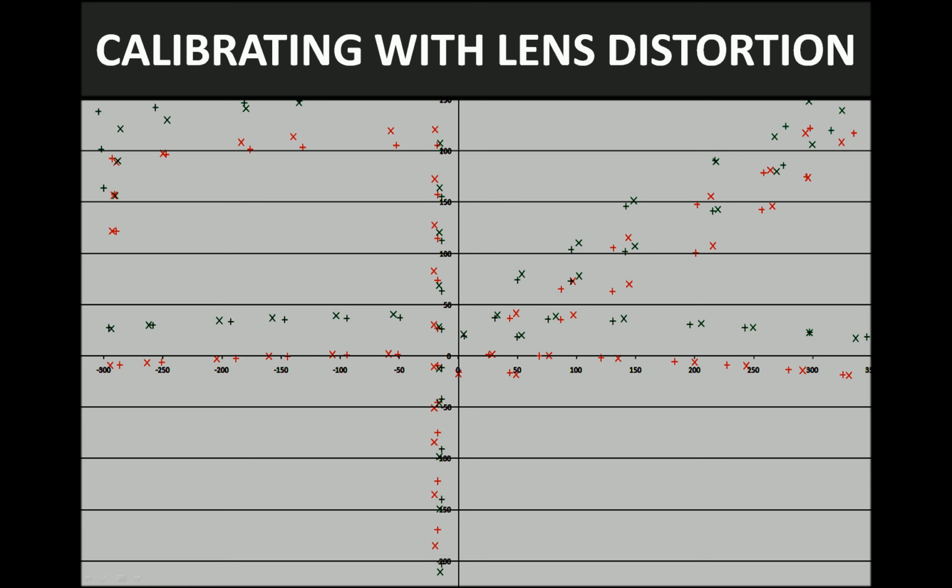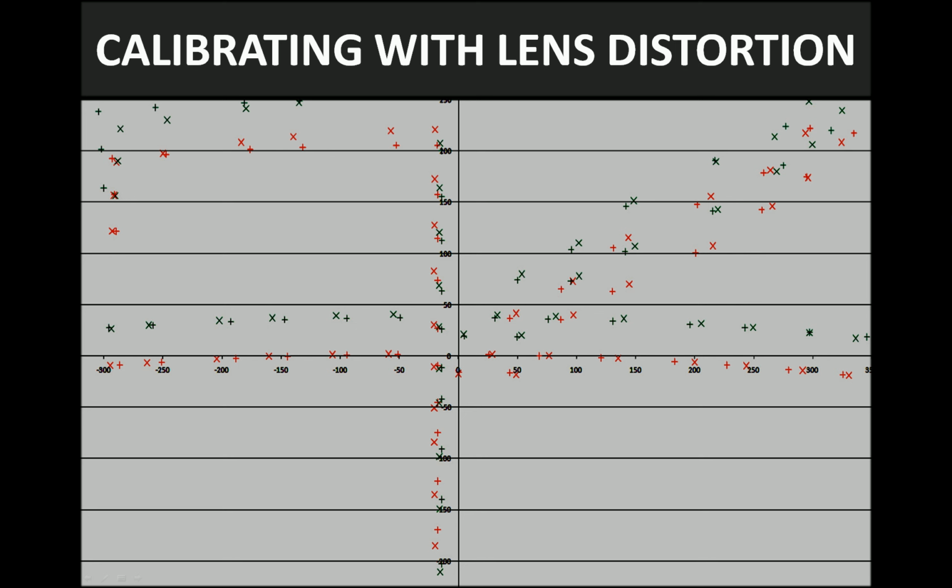This is a map of errors that we get when we try to calibrate a camera with lens distortion. Our plugin by now is not correcting lens distortion, and that's why we get such big errors. If you analyze it, you will see that the errors are what you can see if you compare crosses and pluses. You get some distances that, if you analyze them, you will see vary depending on the distance to the center of the image.